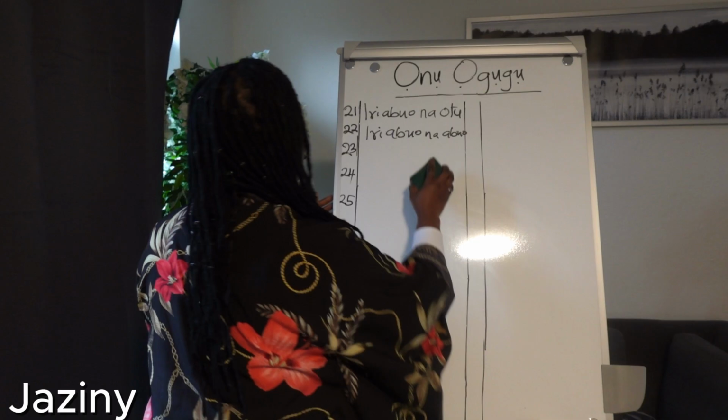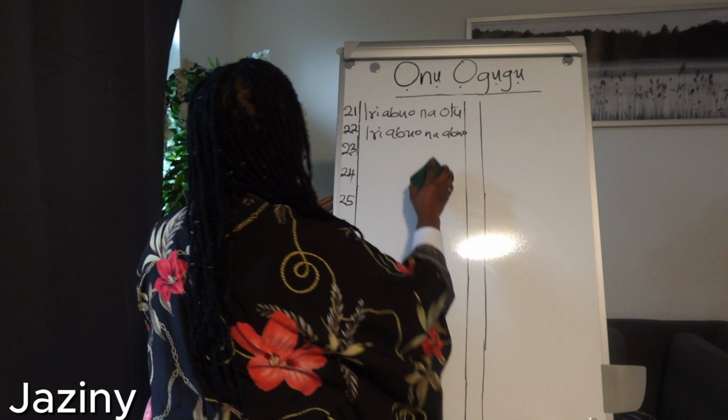Iri isi na otu, iri isi na abuo, iri isi na ato, until we get to iri isi na itolu, we now say iri asa. Continue with me. Iri asa na otu, iri asa na abuo, iri asa na ato, until we get to iri asato.